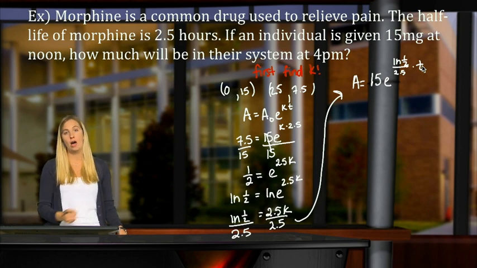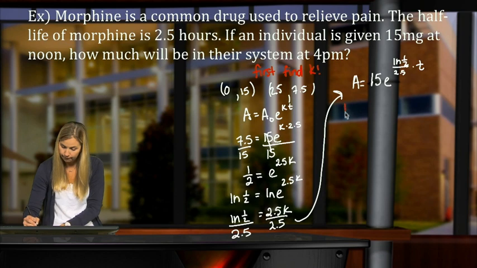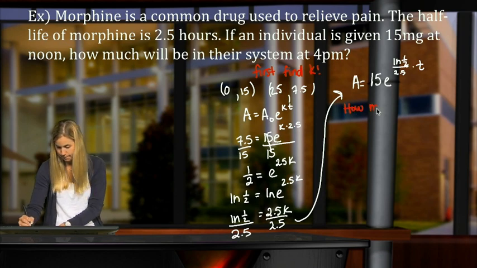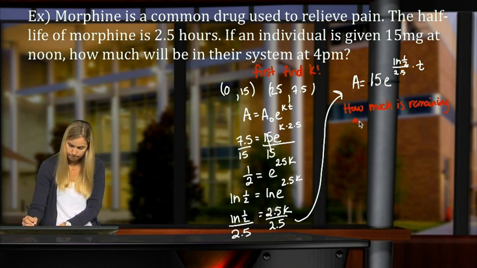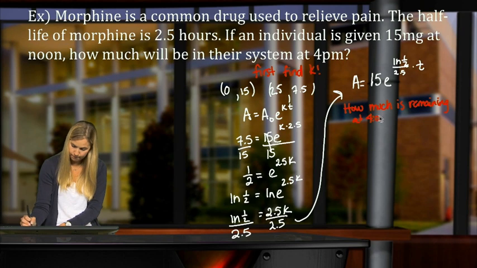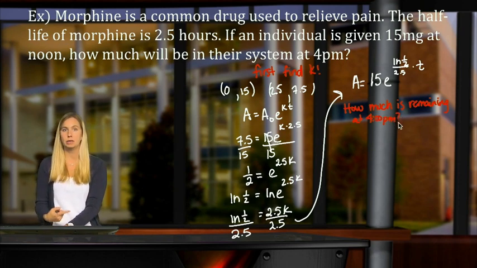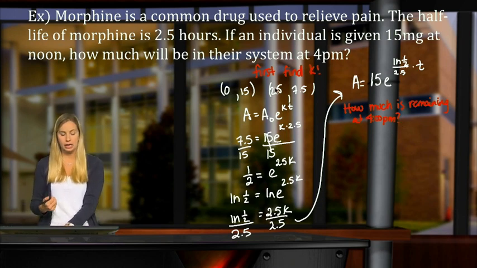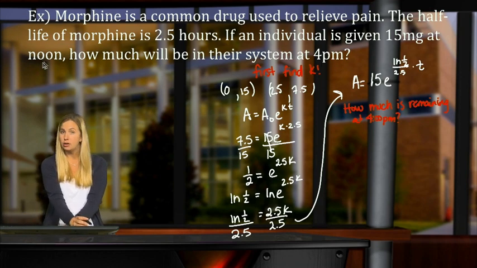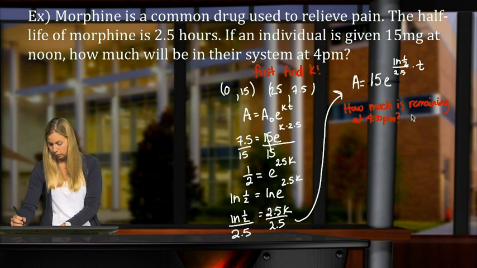They want to know how much morphine will still be in that individual system at 4 p.m. Take a look at how you measured time initially. We measured time in hours, so we'll continue to use hours when we're solving here. At 4 p.m., if we started at noon, 4 p.m. is 4 hours.